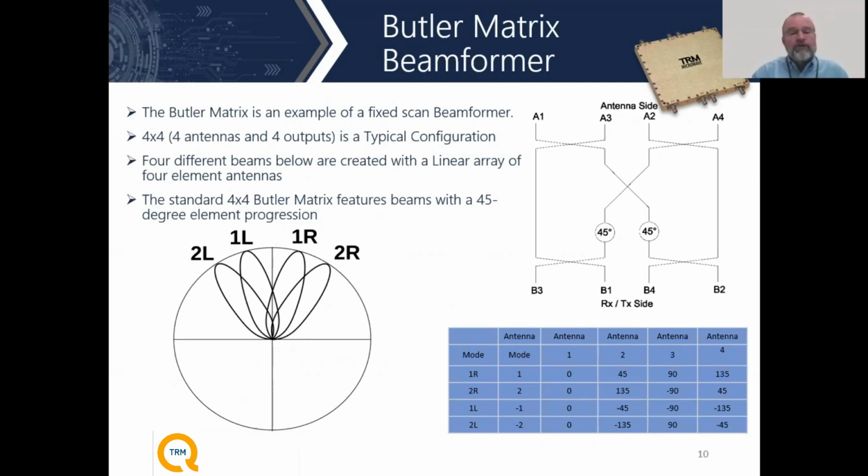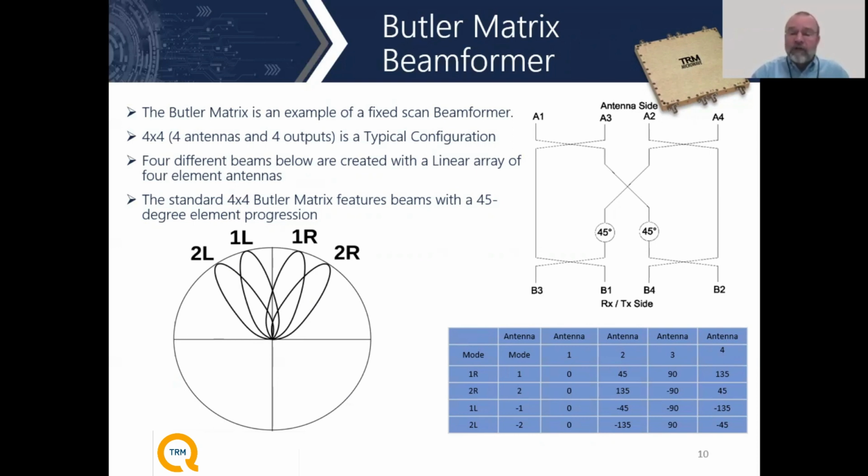As I previously mentioned with the scan beams, the antenna pattern on the lower left-hand side of the screen shows the 4 beams that are created from a linear array using a 4x4 Butler matrix. You will see the 4 lobes associated with it. Each output of the Butler matrix creates an individual lobe.